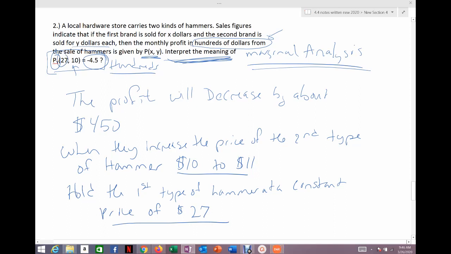So profit will decrease by about $450 if they increase the price of the second hammer from $10 to $11, specifically that increase, and they hold the first type the same. They hold it the same, not at any value, but at specifically 27. Again, 27 matters. It would be different if we held it constant at 25. I'd get a different answer. And so that's the three things that we look for in the marginal analysis.